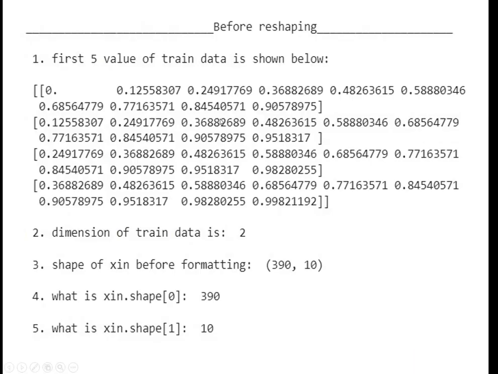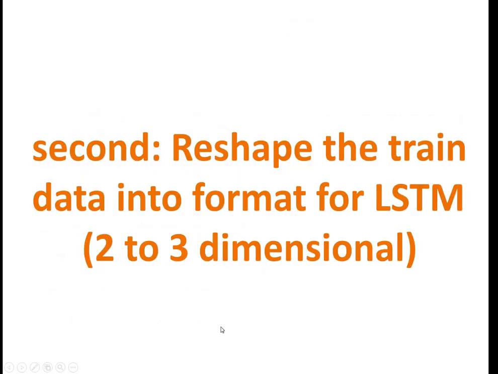Before reshaping, these are 10 data points grouped together. Only the first 4 rows are shown; we will have up to 390 rows. The dimension is just 2, because it is 390 multiplied by 10. This is a 2-dimensional array, and x_in.shape[0] means 390, shape[1] means 10.